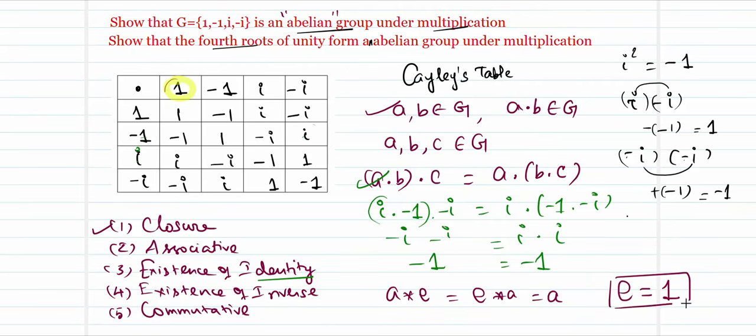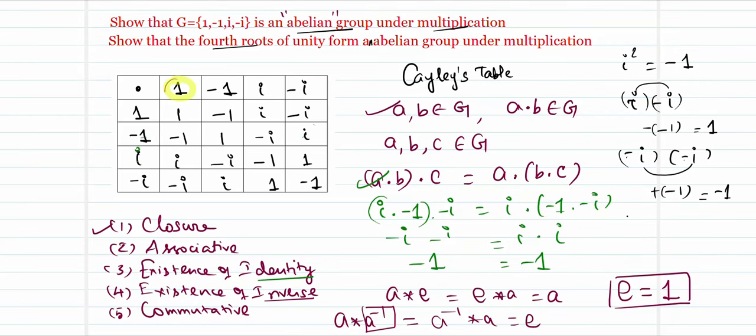Now coming to the next step, what we want is the inverse. I need to find the inverse of each element. What do you mean by inverse? It is the existence of an element called A inverse, which satisfies the property A star A inverse equals A inverse star A, which must give me E. So my idea is to find this A inverse, which when multiplied with A has to give me E. I take this number 1, and on multiplication I will have to get the answer E. Where is my answer?